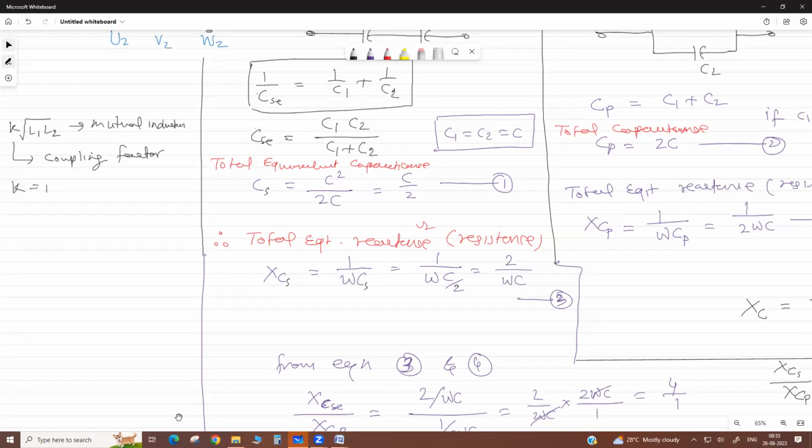Series resonance is used in tuned circuits to separate the wanted frequency from the incoming frequency by offering low impedance. Parallel resonance is used to present a maximum impedance.